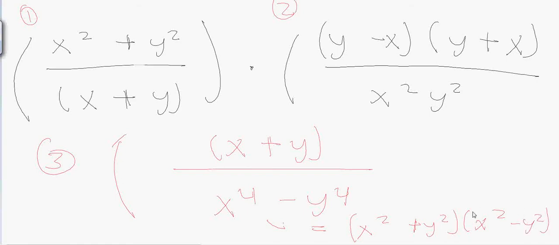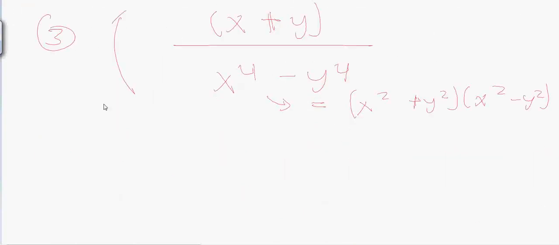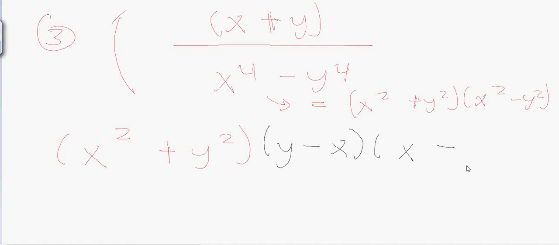Okay, so now let's start canceling terms. After you just straight out multiply the terms across, you have x squared plus y squared times y minus x times x plus y, and then you can make it x. You might ask, why is it x plus y?